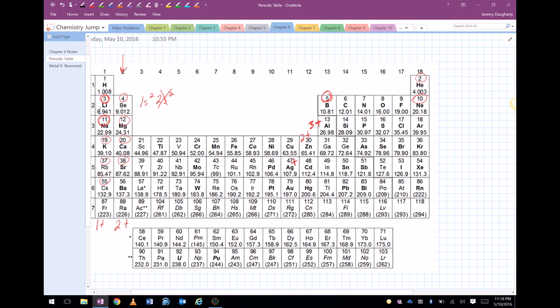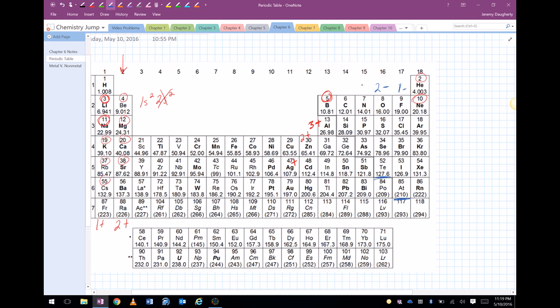Now let's go over here. Let's talk about the anions. The group 17 is going to gain 1 electron, so it's going to be 1 negative. That's over there. The oxygen group is going to be 2 negative. So it goes down to tellurium. This 1 negative goes down to astatine.